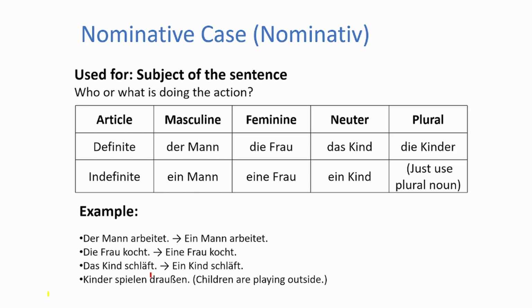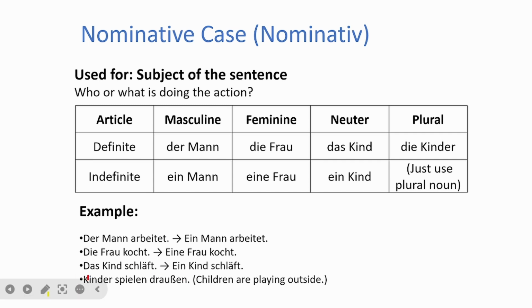means the child sleeps. Ein Kind schläft means a child sleeps. And in plural form, it is Kinder spielen draußen, which means children are playing outside.